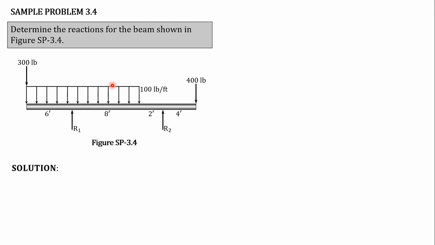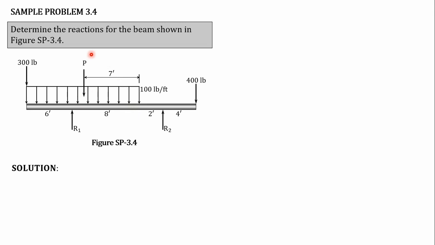For our solution, we first get the resultant force of the distributed load. We call it P. We know that the resultant P acts at the center of gravity of this area, which is 7 feet, because 6 feet plus 8 feet is 14.